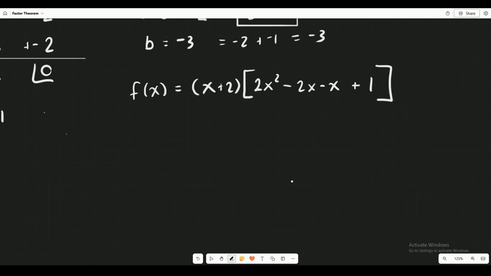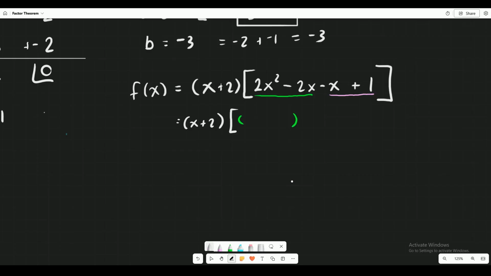All right, so now I'm going to do the grouping method again. I'm going to group these two, and I'm going to group this right there. Again, we have a negative, so when we extract it, the plus changes. Watch this. So x plus 2 times, let's group these.